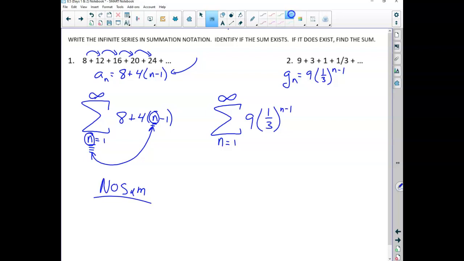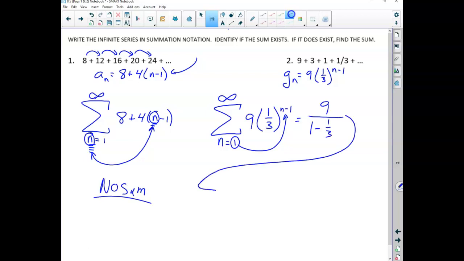What does that mean? That means this sum exists because the absolute value of r is less than 1. So my first term, be careful, what's my first term? When I plug a 1 in here, what's 1/3 to the power of 0? It's 1 times 9. So I get 9 as my first term, divided by 1 minus r, which is a third.